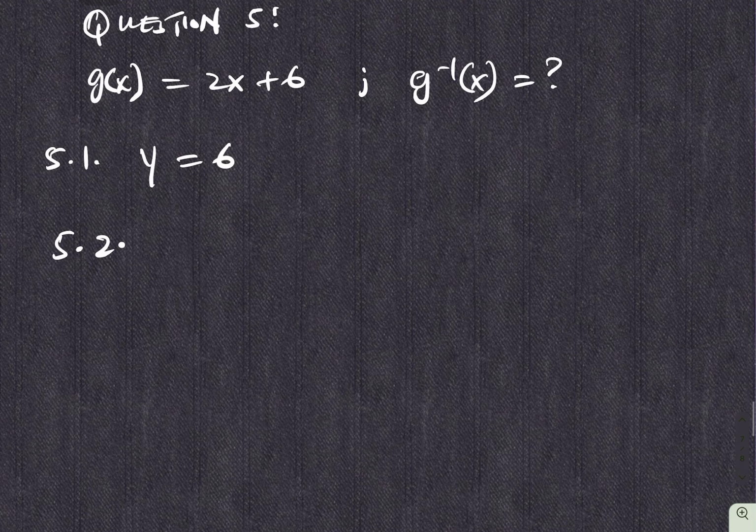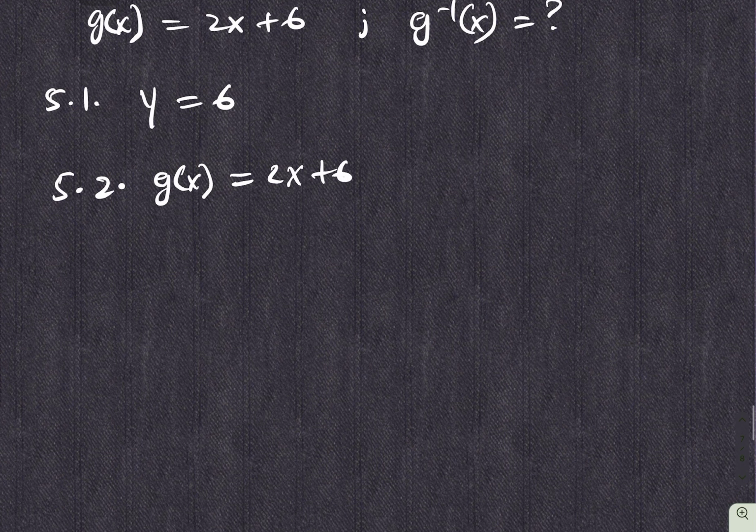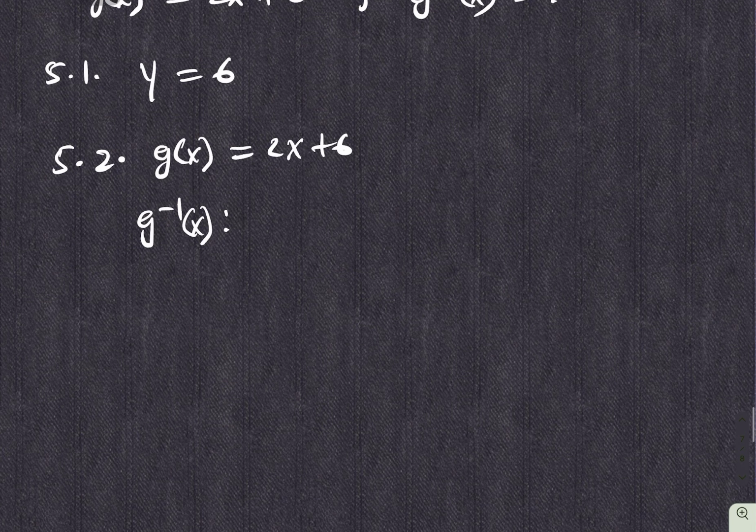I'll say to myself that g of x is given by 2x plus 6. And then the g inverse of that is primarily going to be interchanging the x and the y. That means you are going to get x equals 2y plus 6. Therefore, you will get 2y equals x minus 6.